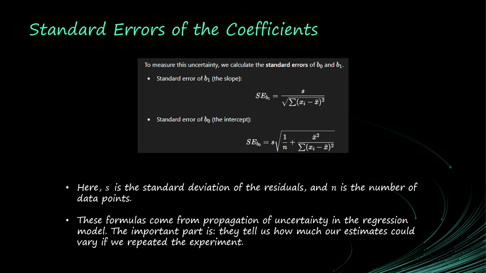SE sub b0 equals S times the square root of 1 over n plus x bar squared over the sum of x sub i minus x bar squared. Here, S is the standard deviation of the residuals and n is the number of data points. These formulas come from propagation of uncertainty in the regression model. The important part is they tell us how much our estimates could vary if we repeated the experiment.